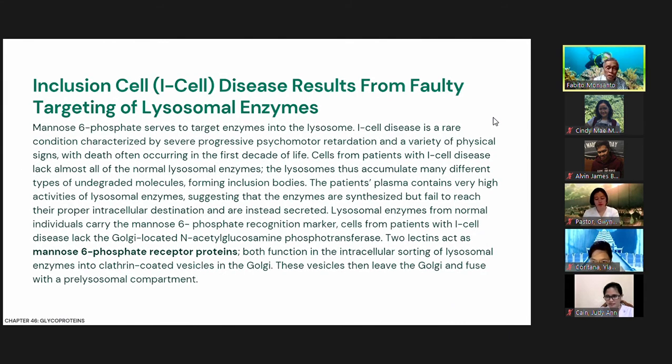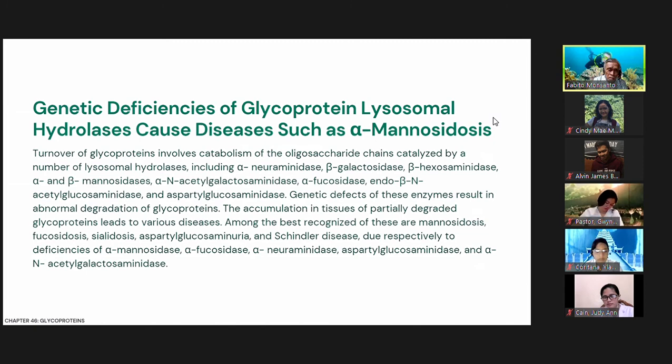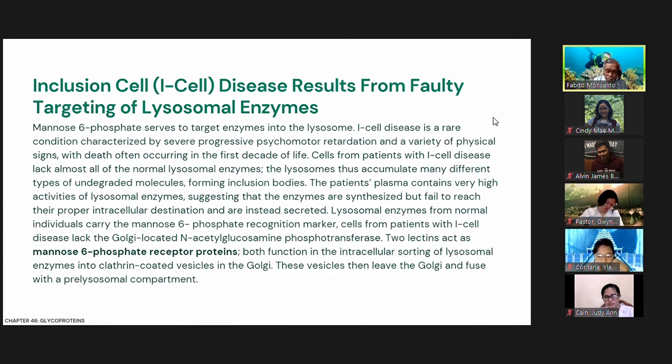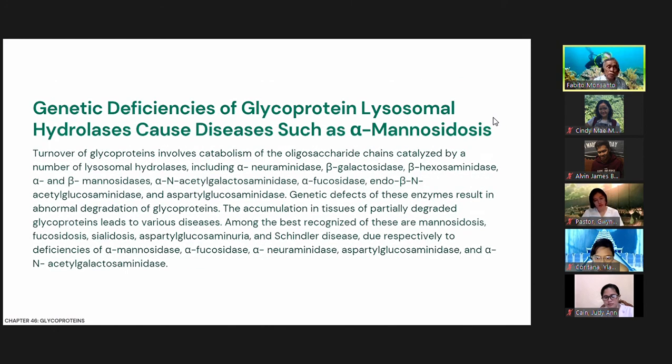Now, inclusion cell disease results from faulty targeting of the lysosomal enzymes. So this is, again, as we said, very rare. All you have to do is just mention them. I have not seen this inclusion cell disease. What is common is glycation of hemoglobin.